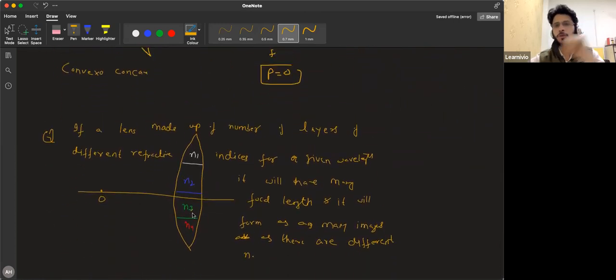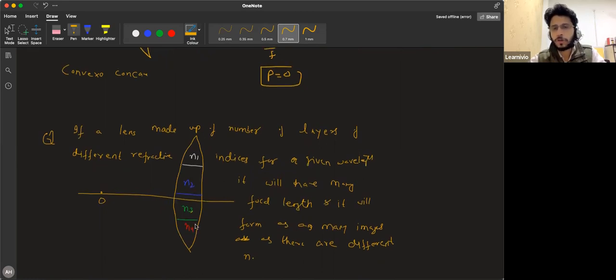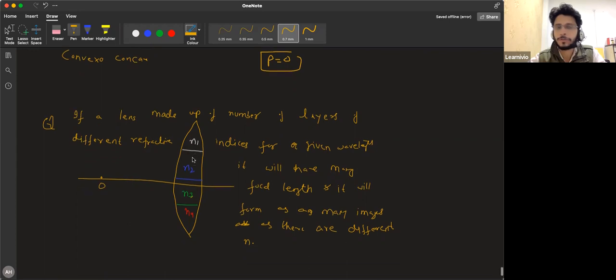This lens has four media, n1, n2, n3, n4. So he's asking how this lens will behave. This single lens will behave like four lenses. Each medium will behave as a lens. So you have four media having different refractive indices, so you have four lenses here. So you'll have four focal lengths, four lenses, four images. That's the answer to this question.